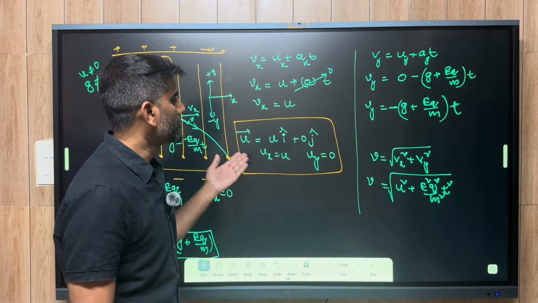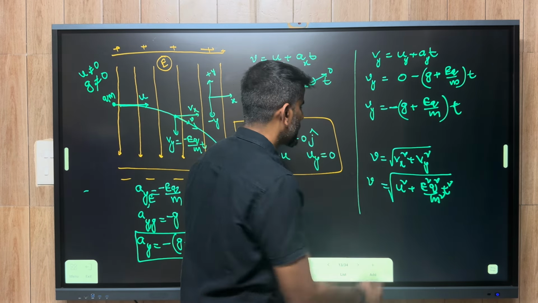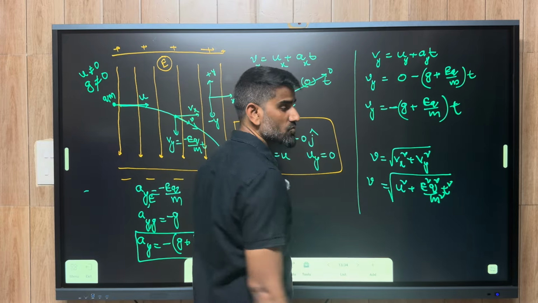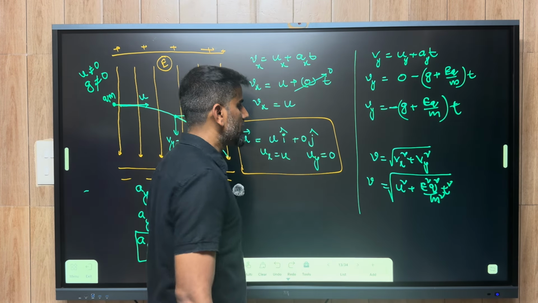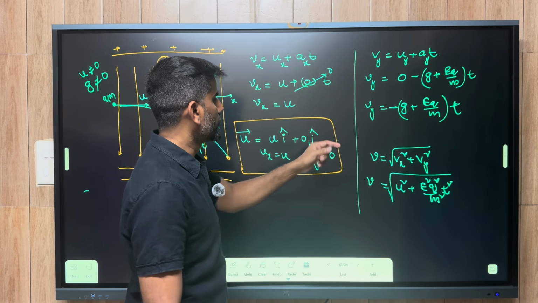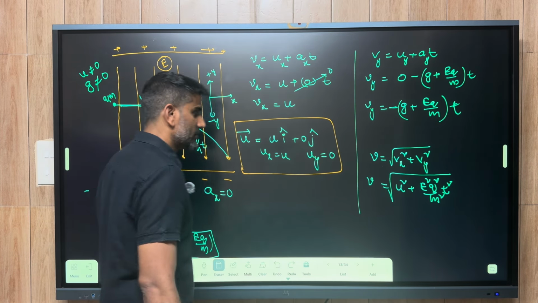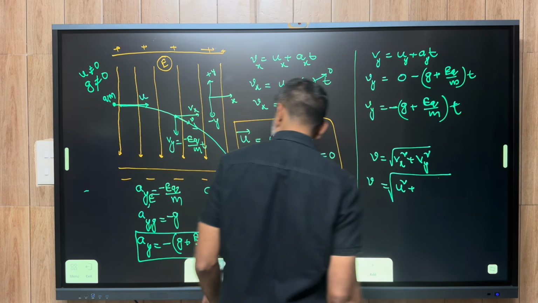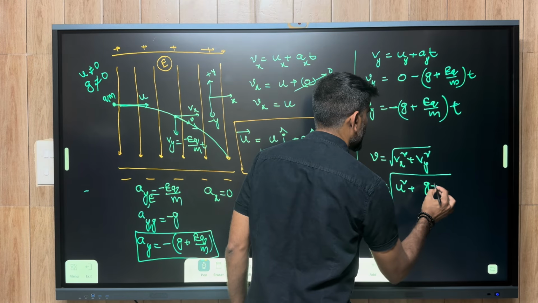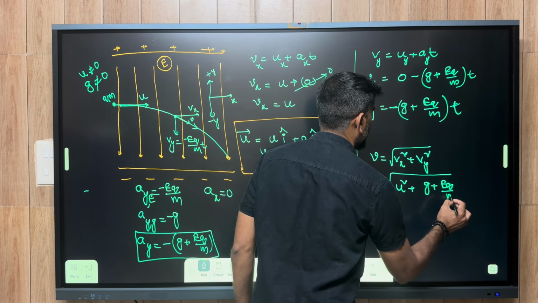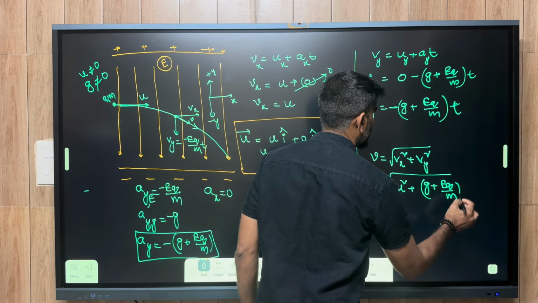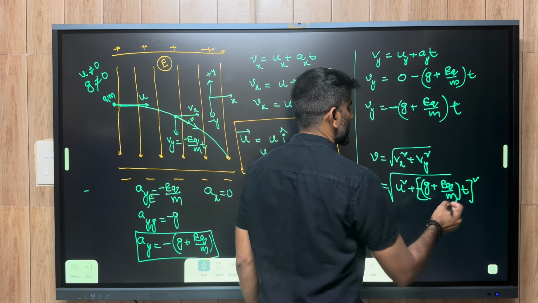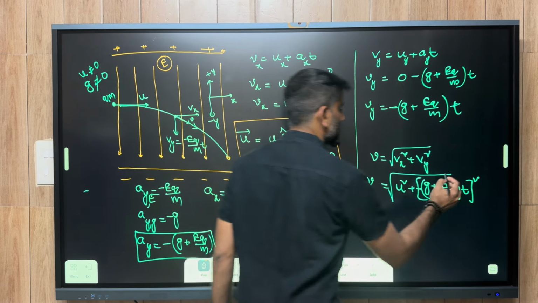Now if you want to find the magnitude of velocity, you will have the basic equation, which is v squared is equal to vx squared plus vy squared. Vx is again u, and vy is g plus eq by m into t, whole squared. The minus sign is already there, so whole squared.